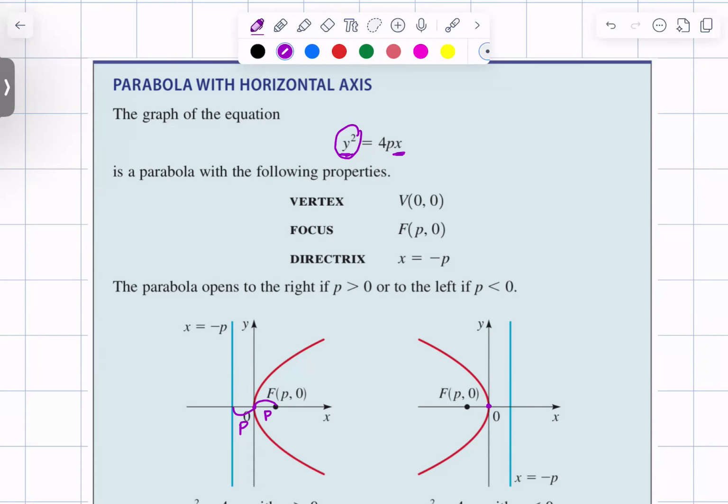So it's just a flipped version of our vertical. And your directrix is x equals, remember it's a vertical line. So it's always going to be x equals negative p.